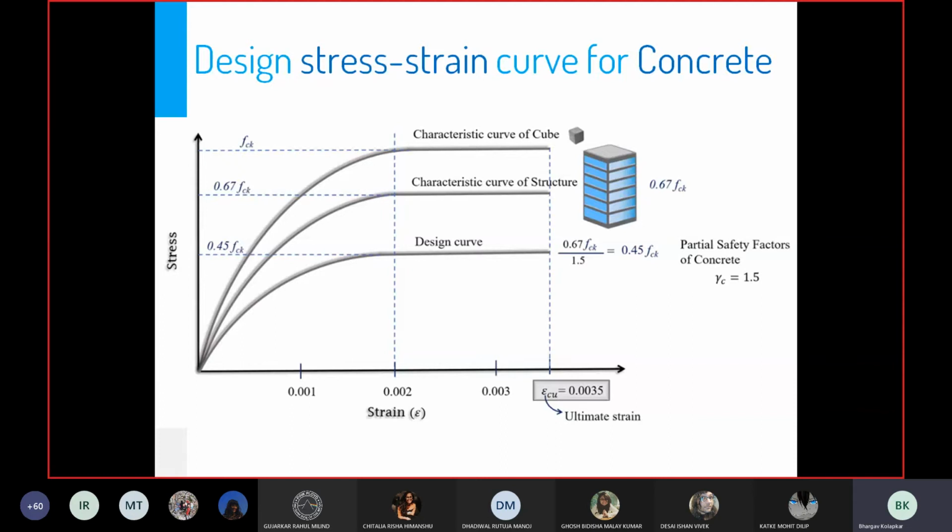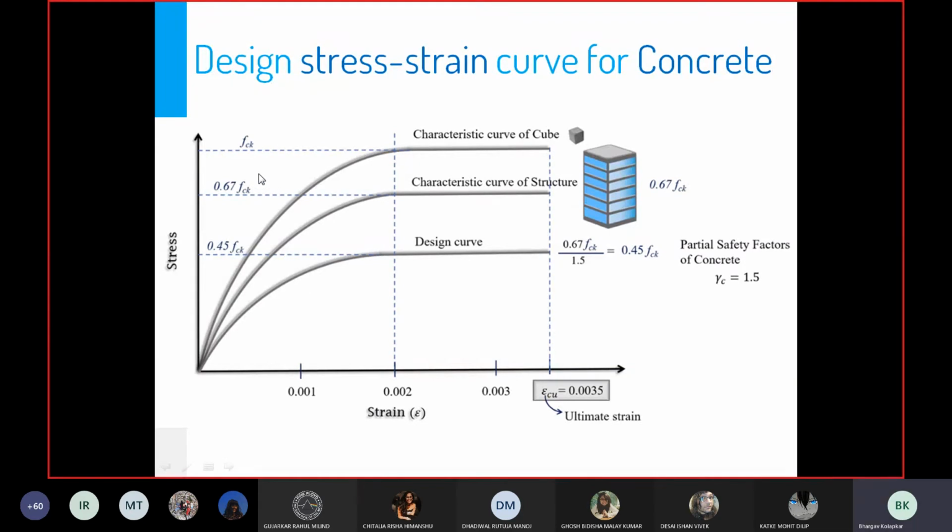The point is that there's going to be a lot of difference between the behavior of the cube and the behavior of concrete in the actual structure, and therefore we have to have a certain factor. So I will use only 2/3 of the strength that the cube gives me. And therefore we move on from the characteristic curve for the cube to the characteristic curve for the structure.